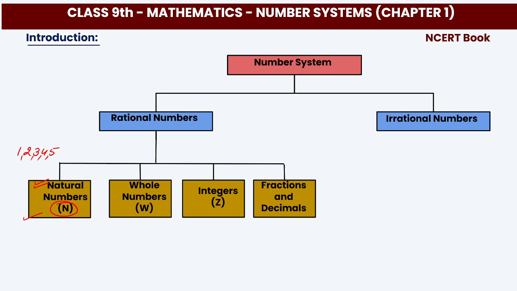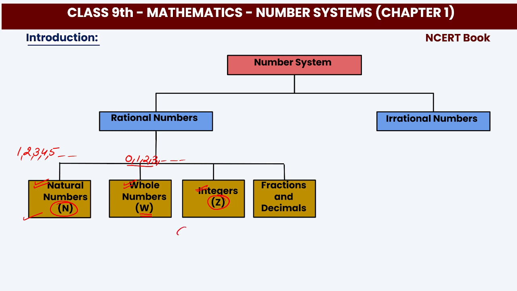Then the next part is whole numbers, denoted by capital W. Integers we represent by Z. For whole numbers, in the natural numbers, if we add 0, then 0, 1, 2, 3, 4, all these numbers which start from 0 and go to infinity, we call whole numbers.